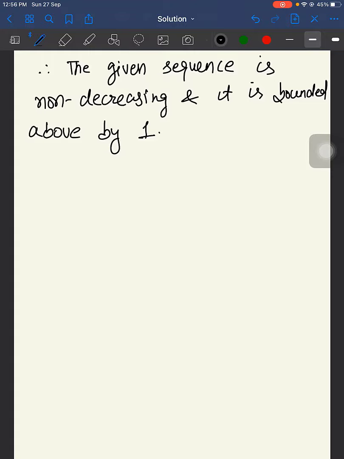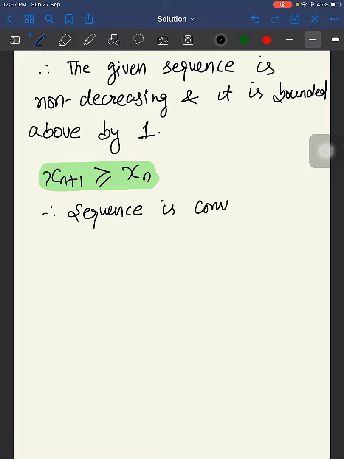So your xn plus 1 will always be bigger than or equal to xn. So hence the sequence is non-decreasing, and each term is constituted by the cos function, so it cannot take a value more than 1. So the sequence is non-decreasing and bounded above by 1. Therefore the sequence is convergent.